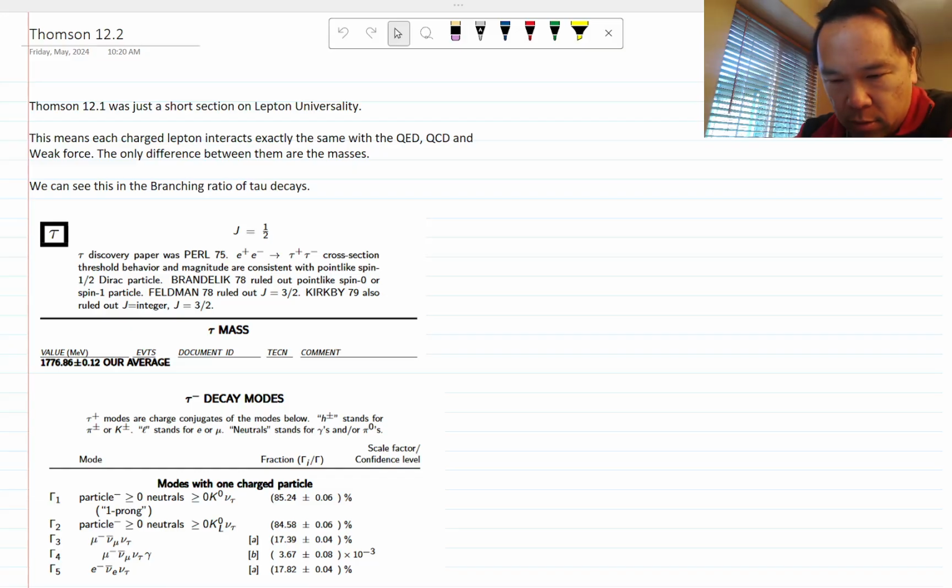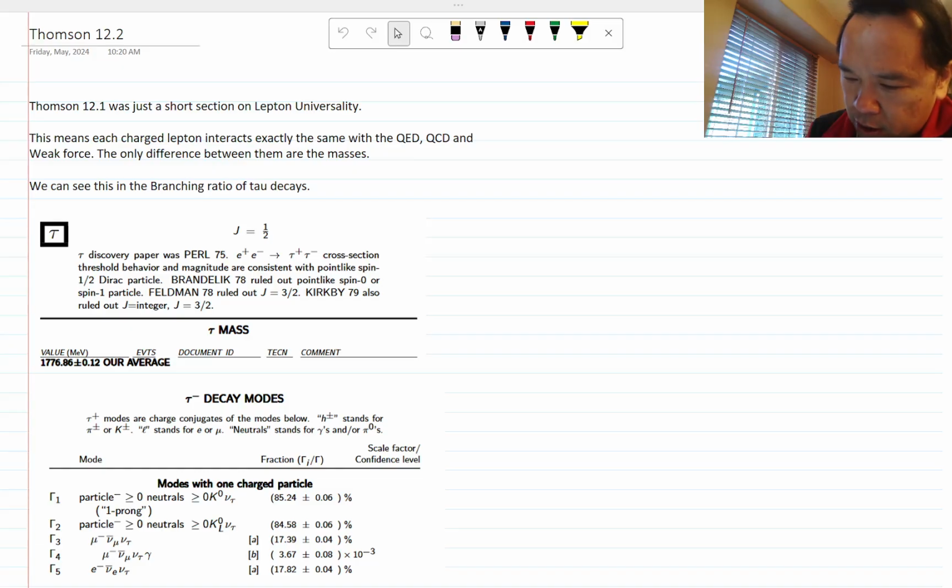I'm not going to spend an entire lecture on it, but one thing I just want to mention is that the evidence for this is that each of the charged leptons, the electron, the muon, and the tau, basically behave the same way except for their mass. That's the only difference between them.